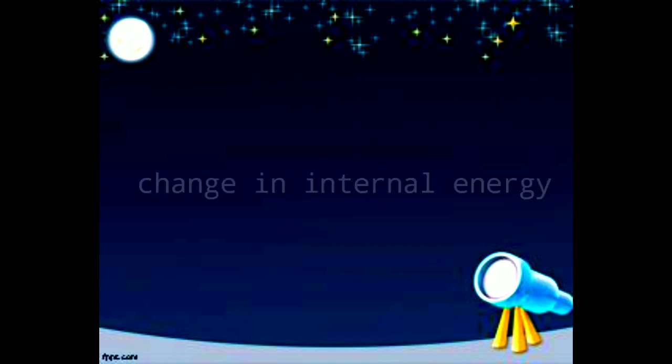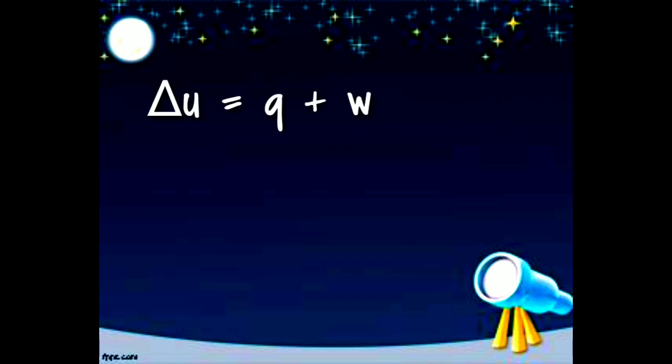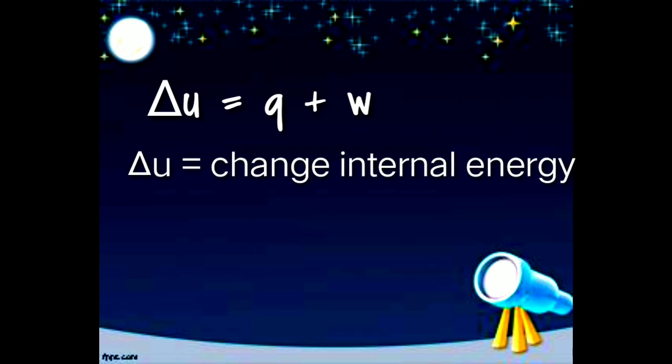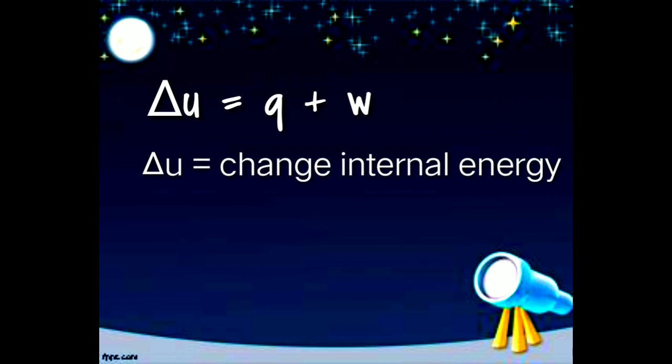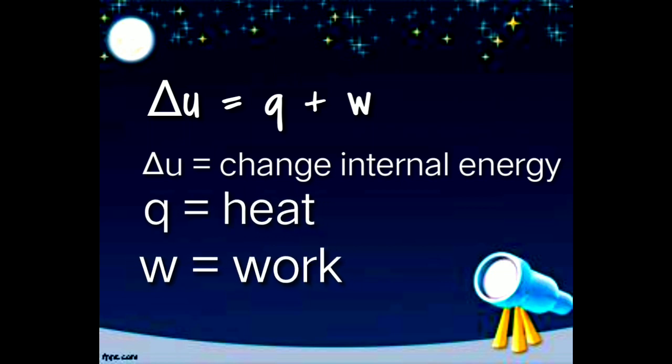Now, let's proceed to the first law of thermodynamics, which is about the calculation of work, heat, and change in internal energy. The equation for the change in internal energy is delta U equals Q plus W, where delta U is the change in internal energy, Q is the heat, and W is the work.